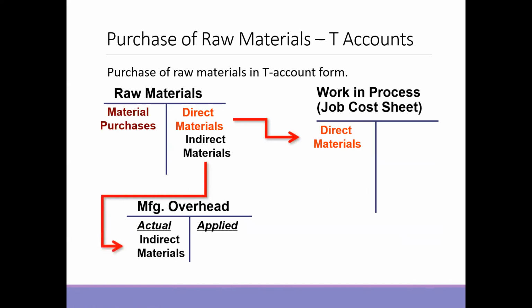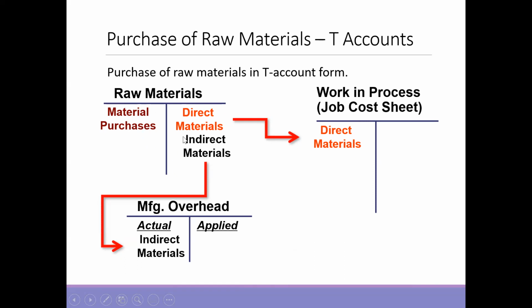So we're seeing the flow of the T accounts. We show raw materials and go into the work in process. We show indirect materials are part of manufacturing overhead, but the direct materials to the product come from the raw materials account and go into work in process.